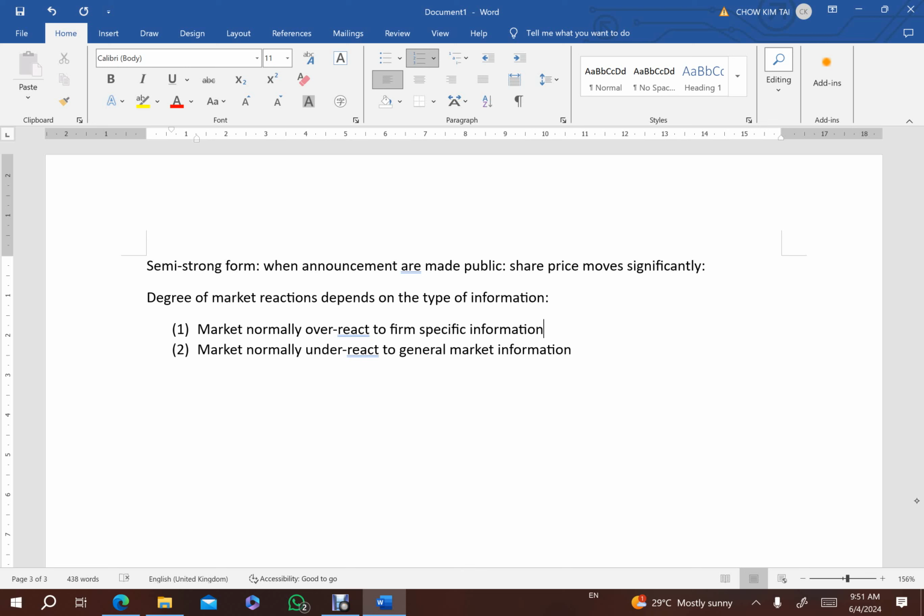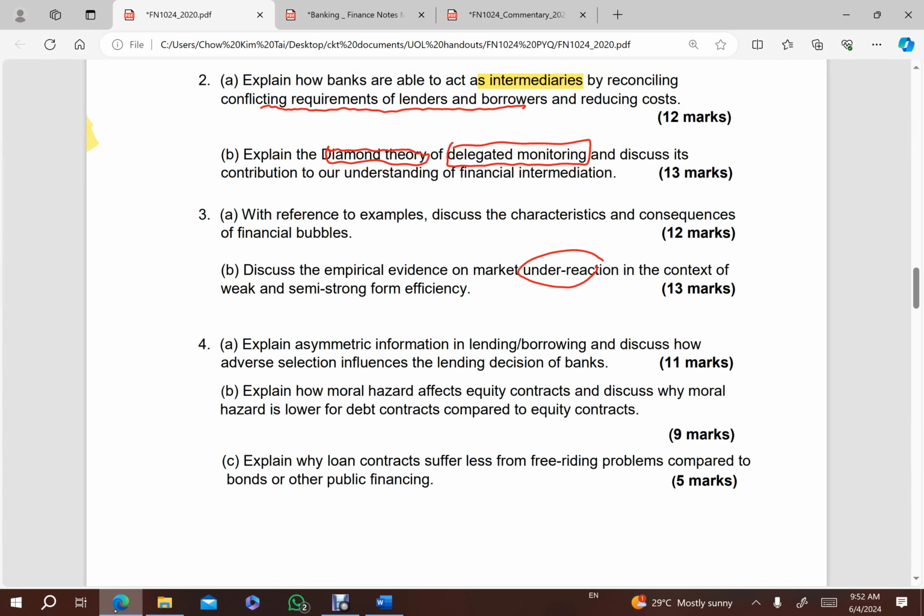Okay, so if the key director of a company pass away, the share price will drop heavily. Yeah, but market normally underreact to general market information. So when the government announced that the GDP growth of the country has slowed down, the reaction in the market is quite insignificant. Yeah, okay. Okay, that will be your answer to this one.